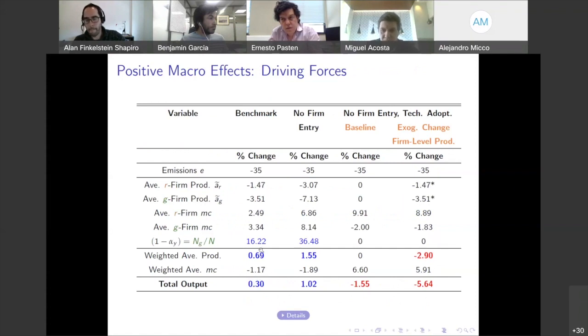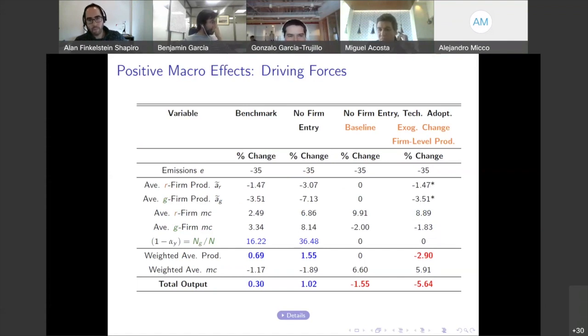So, yeah. Sorry, a quick question. Looking at this table, I'm thinking about whether the effects are linearly dependent on the level of carbon tax that you need to reduce CO2 emissions by 35% or not.